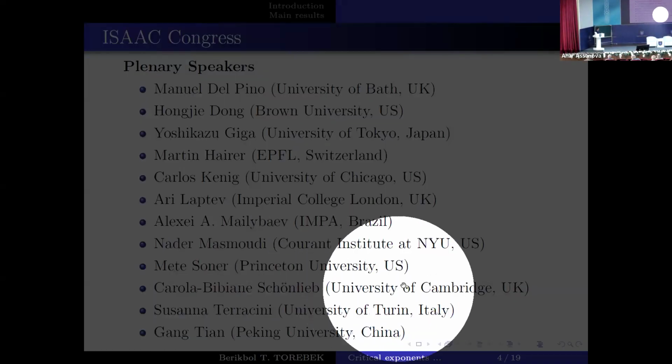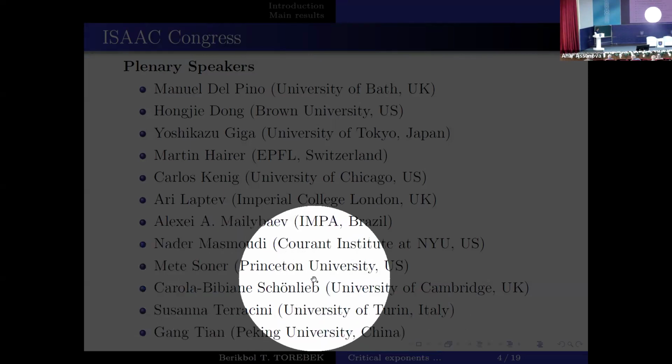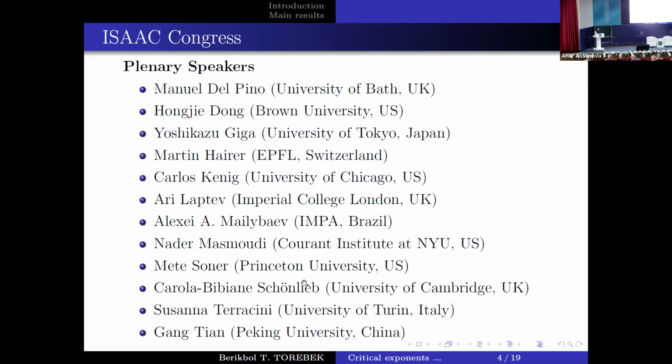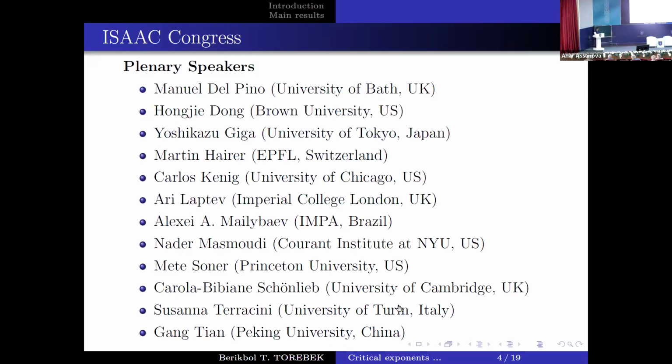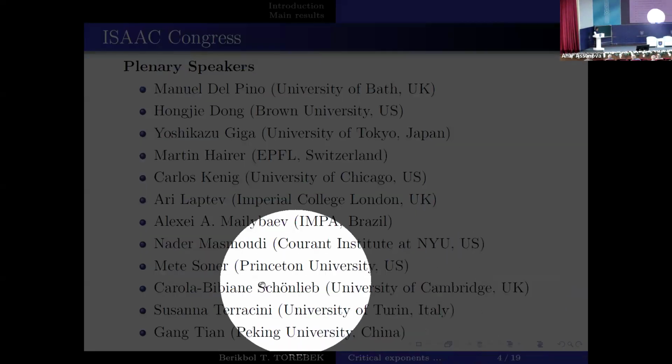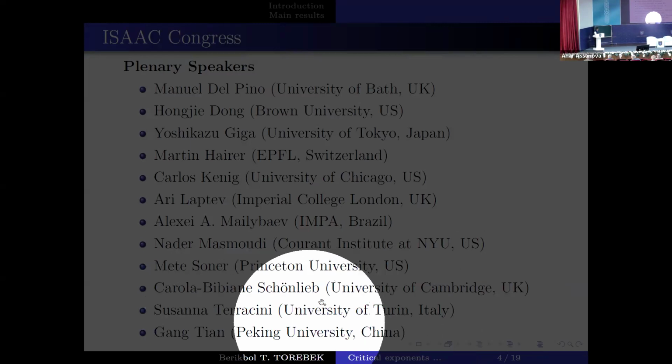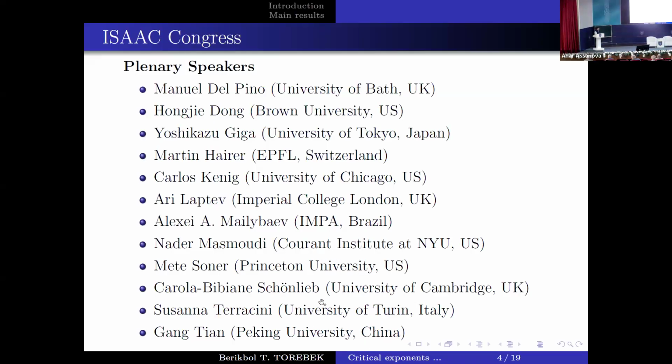Also from the University of Cambridge, Carola-Bibiane Schönlieb, an expert on numerical simulations and numerical analysis. We also have Susanna Terracini from the University of Turin, Italy, and Gang Tian from Peking University, China, also a very famous mathematician and an expert on differential geometry.